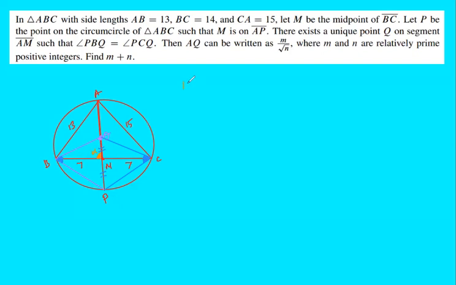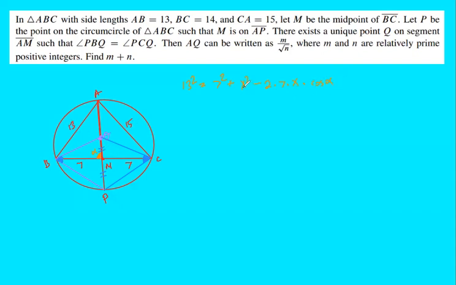So that will be 13 squared equals 7 squared plus, I'm going to call AM maybe X, so X squared, minus 2 times 7 times X times cosine. I'm assuming this is going to be acute, and this is going to be obtuse because this is 13 and 15.